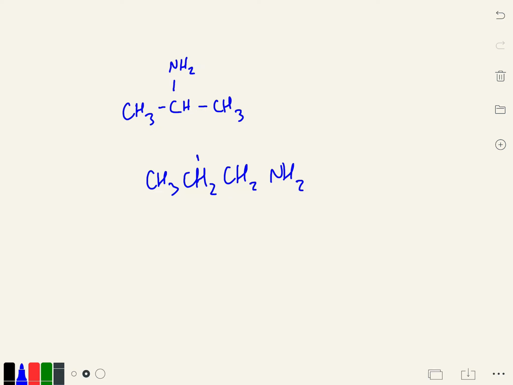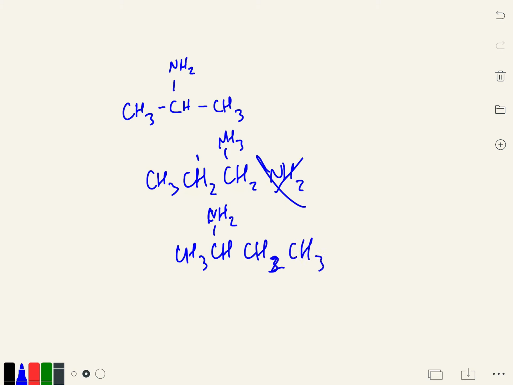So again, we'll put a little line and stick it off of another carbon if that's the case. This is the same one. That's the same. But if we had CH3, CH, CH3, and an NH2, or if this was a 2 and this kept going, anywhere in the middle, it's going to be secondary.